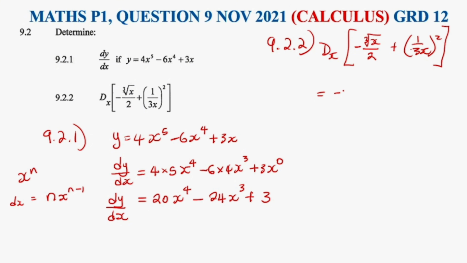Okay, I can see that we've got a negative half here, and then we've got x to the power of, when you take out the cube root, is going to be 1 over 3. Okay, this 3 is not visible enough. Okay, I hope you guys can see. There's our 3 there. Okay, and then we go to now plus what you see here, is going to give us 1 over 3x squared.